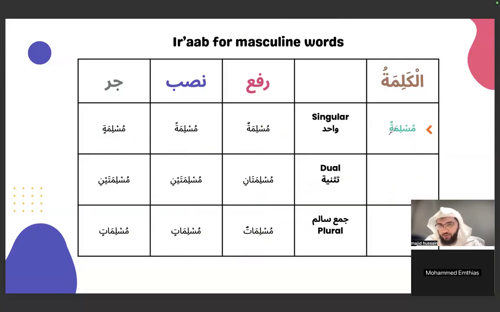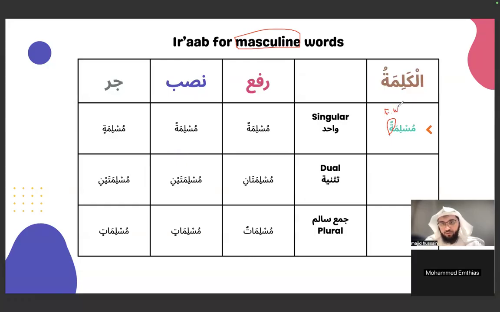The ta marbuta here, at the end, generally defines that the word is female in gender. I have made a mistake here, so ignore it, inshallah. If you find any word that has ta marbuta in the end, it means it's a female word.